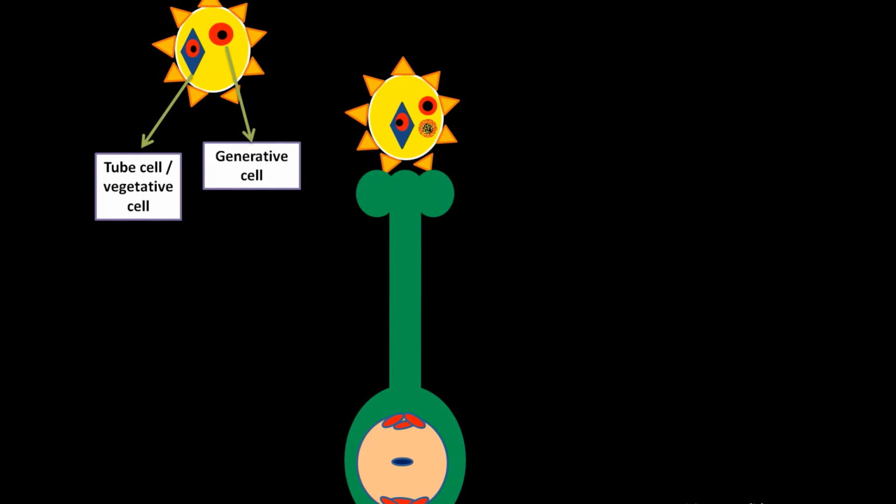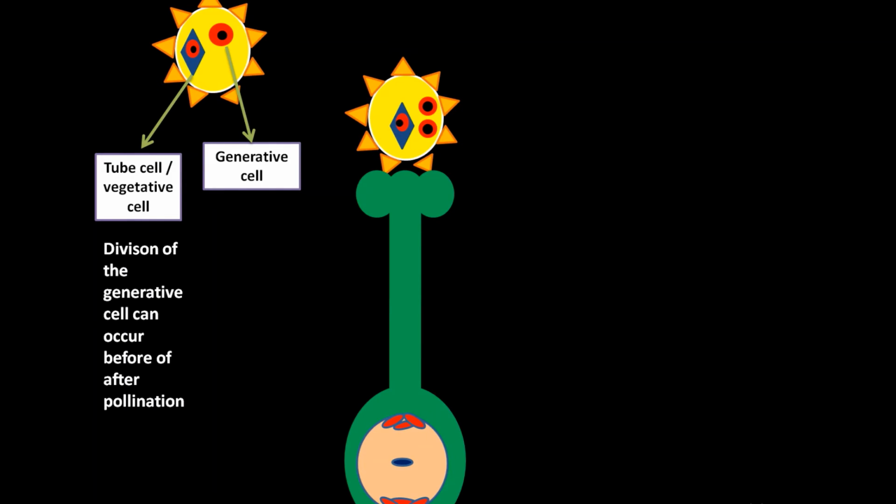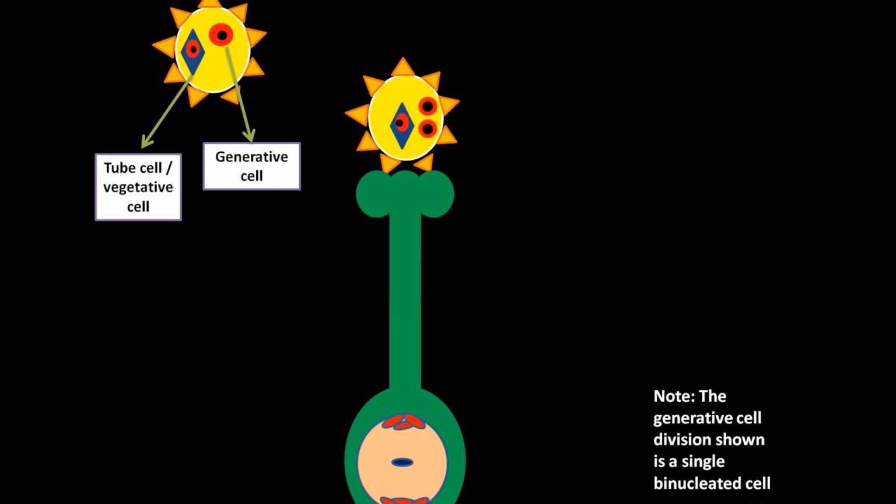The generative cell divides and forms two generative nuclei. This generative cell division can either occur before pollination or after. Note, the generative cell which is shown here is one single cell and the division which is happening is of the nucleus. So we can say it is a single binucleated cell.